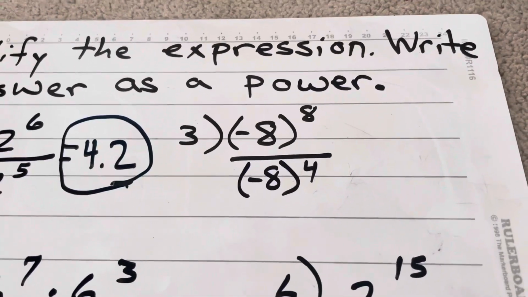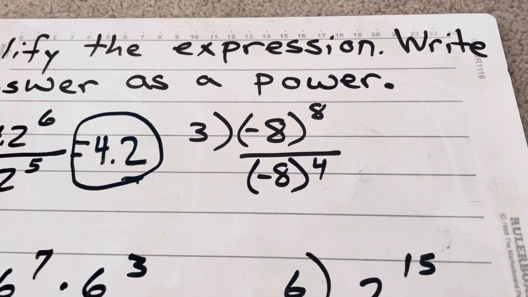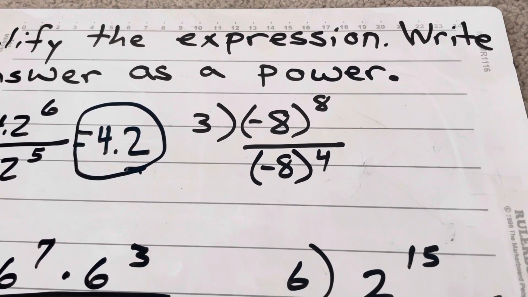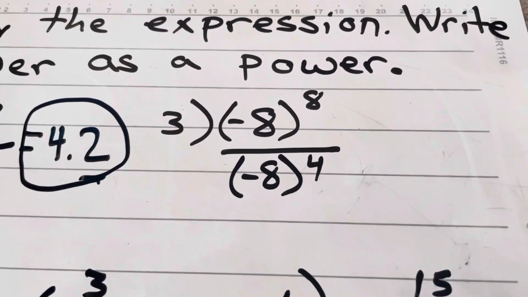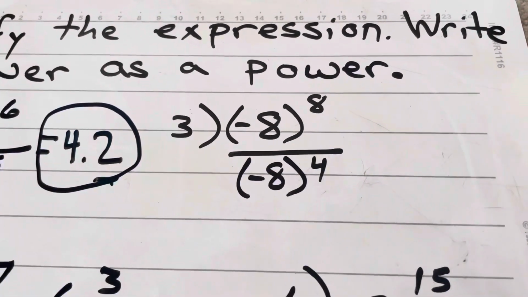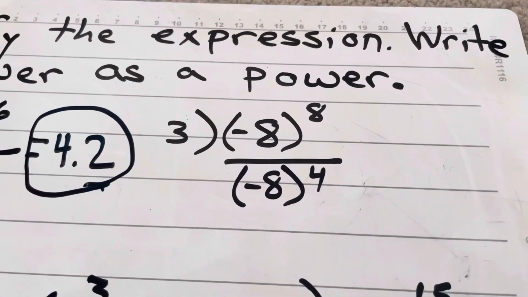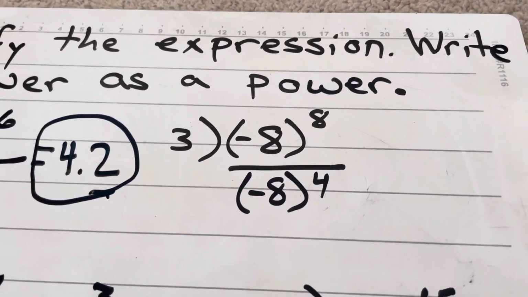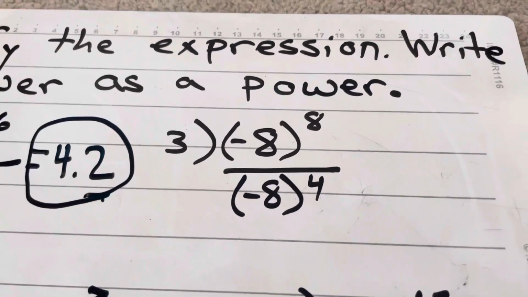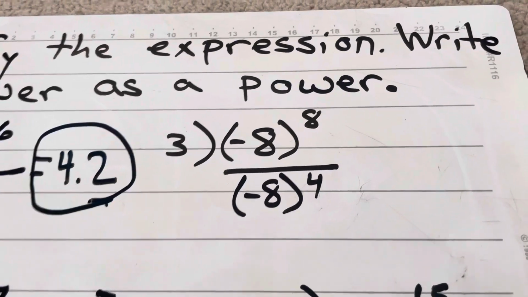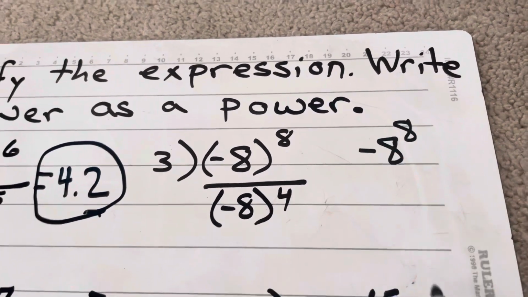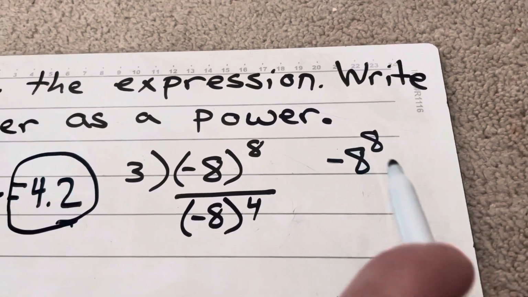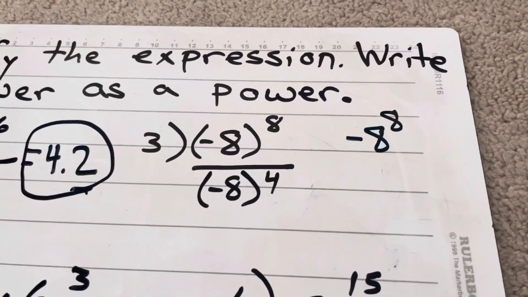All right, negative 8 to the power of 8 divided by negative 8 to the power of 4. Now, once again, they're putting negative 8 in parentheses because they want you to understand that it's negative 8 times negative 8 times negative 8. And if you don't put the parentheses like this, it would just be 8 to the power of 8, and whatever it is, we put a negative sign in front of it.